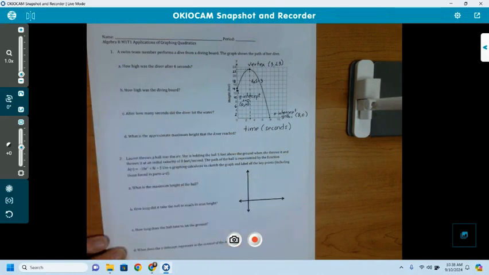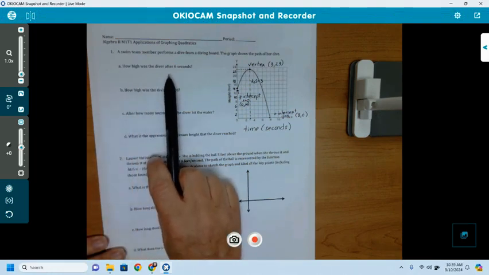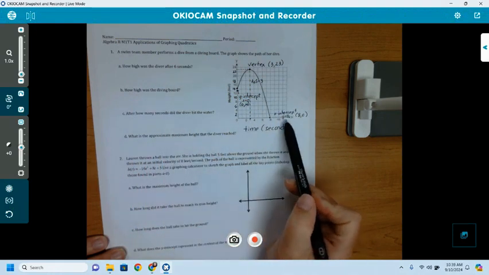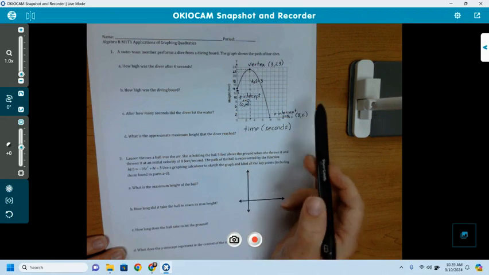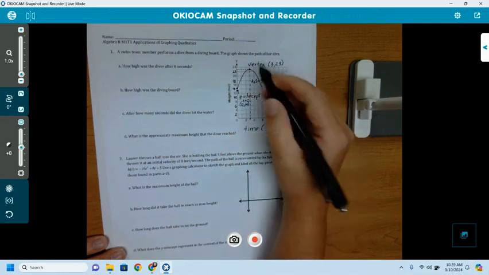The question says, a swim team member performs a dive from a diving board. The graph shows the path of her dive. How high was the diver after 6 seconds? So I know time goes along the x-axis. Let's go to 6 seconds. 2, 4, 6.